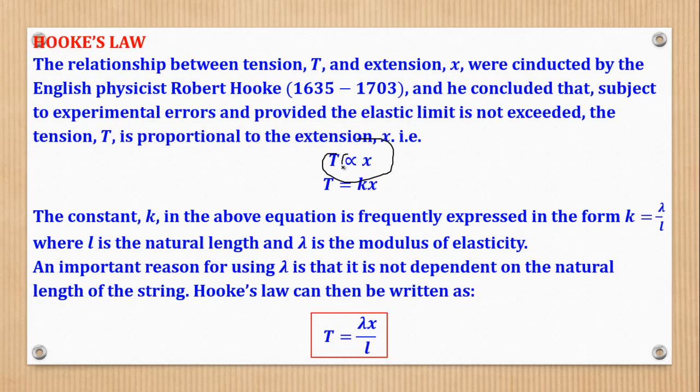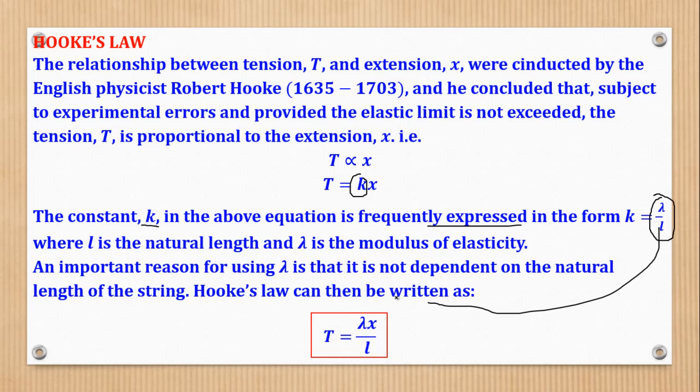Now to remove this proportionality sign, we have to add what we call a constant of proportionality. That's why you see T is equal to kx, where k is the constant. The k in the above equation is frequently expressed in the form lambda over L. So what is lambda and what is L?